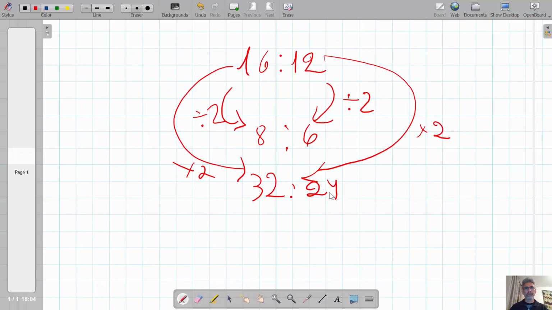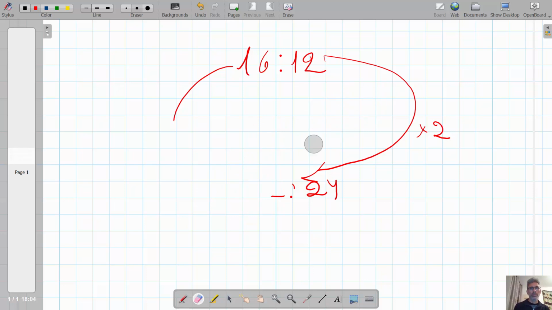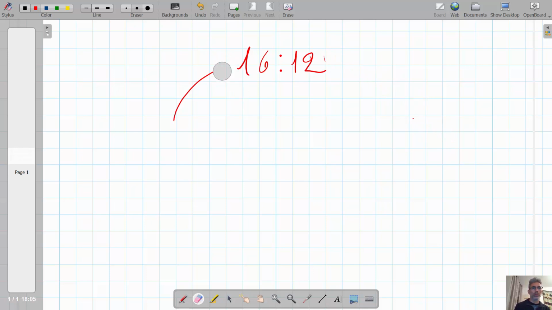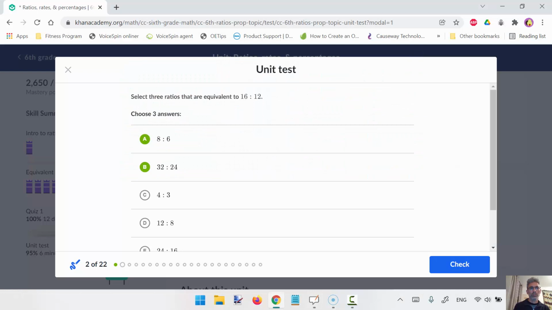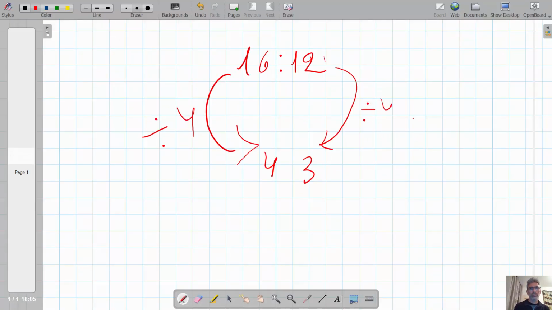4 to 3. To go from 16 to 4, we divide 16 by 4, and to go from 12 to 3, we divide 12 by 4.